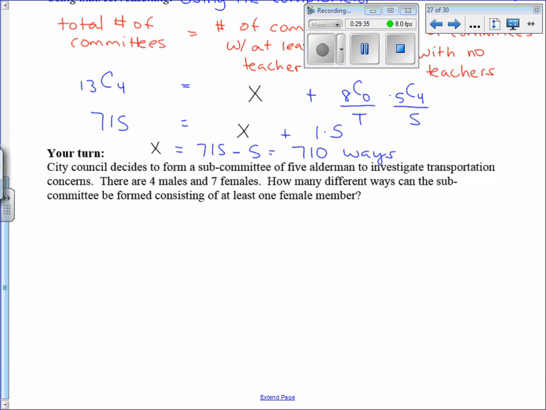So there's a your turn question for you guys to try here. Give yourself some time to work on this, and I will give you the answer momentarily.